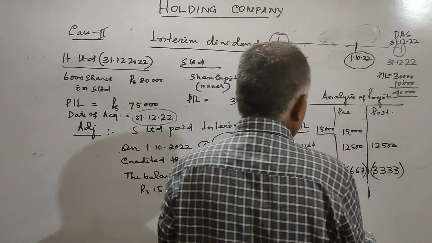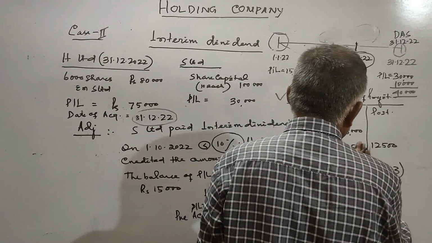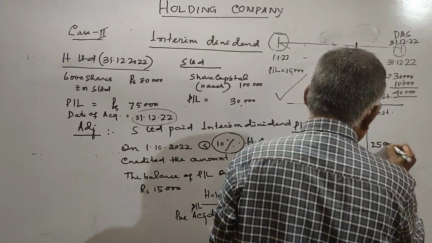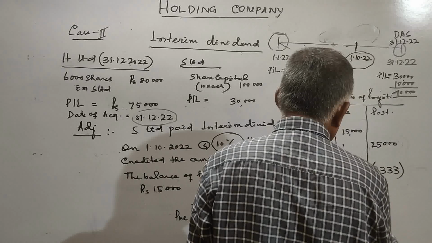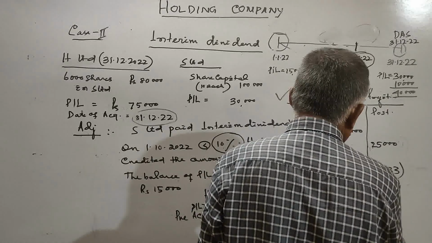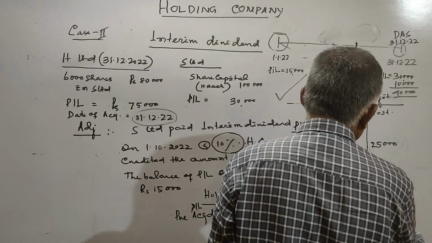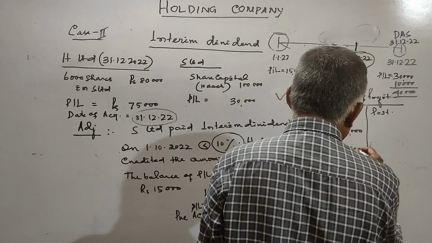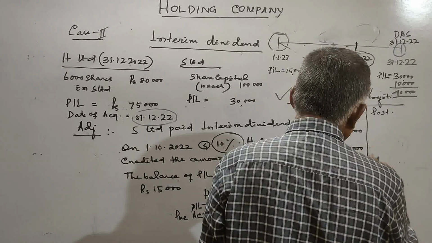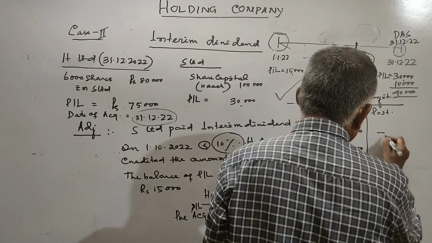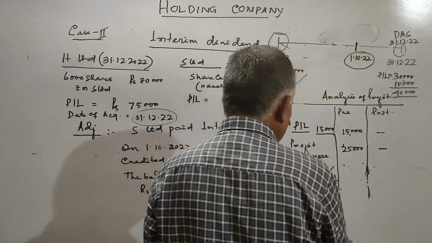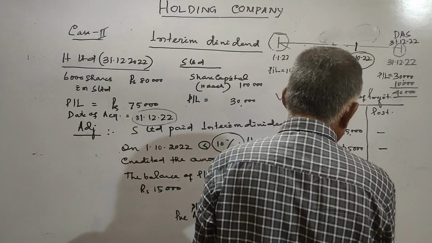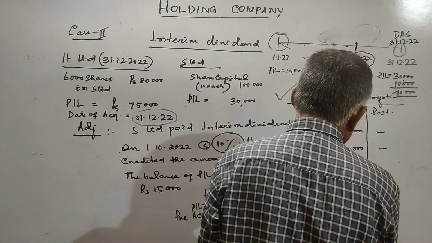The profit for the year is 25,000 here, and the interim dividend paid is 10,000 here.